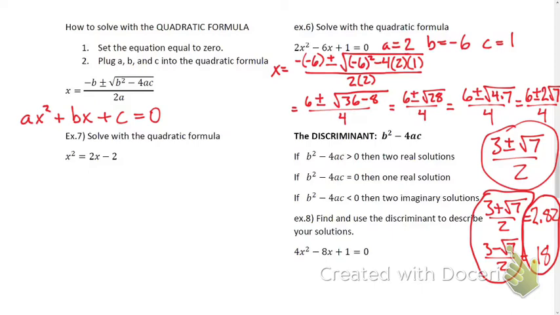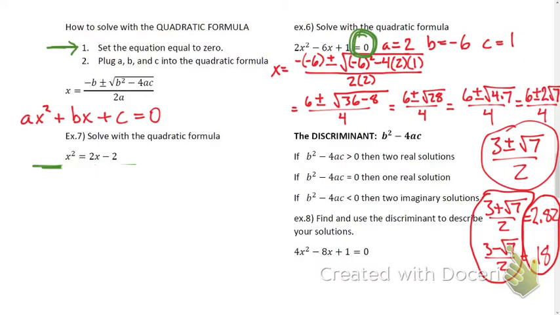Doesn't matter to me. All right, number 7, it's a little bit different, and that's because step 1 right here is not done. Notice this equation is not set equal to 0. Look up at number 8. It was set equal to 0 right there. I need to set number 7 equal to 0.